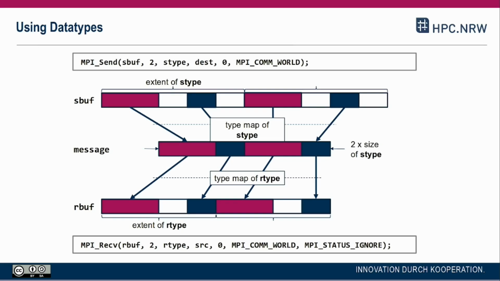So this is a logical view, and then the receive type will unpack this again, and it could be that here you don't have the gap, yeah? Because the receiver wants it this way.